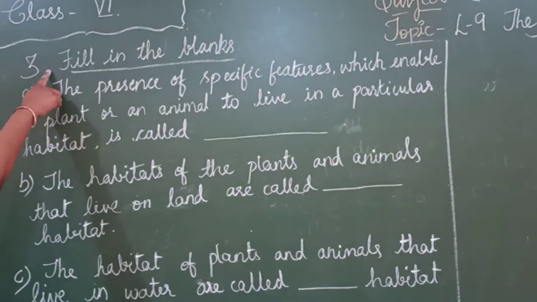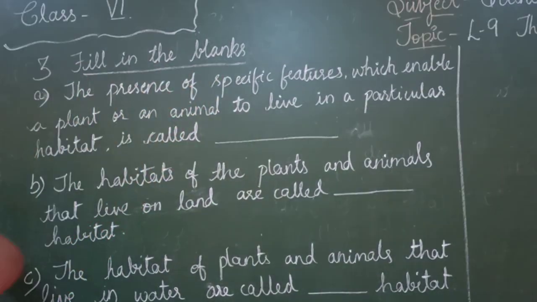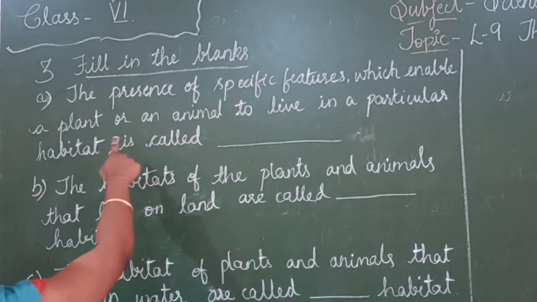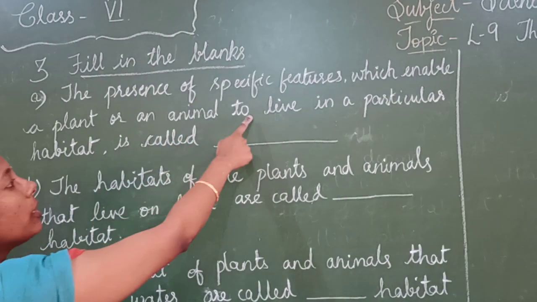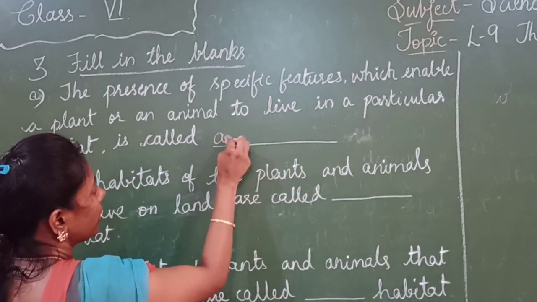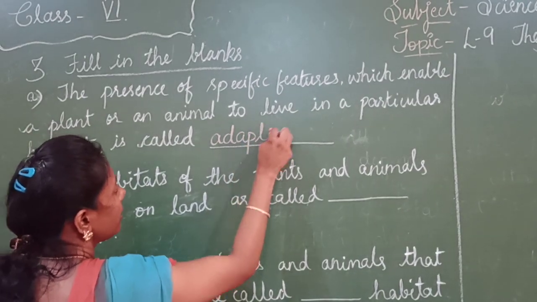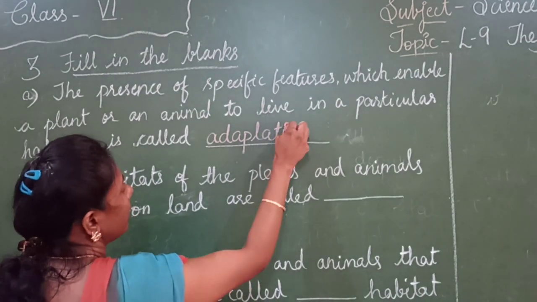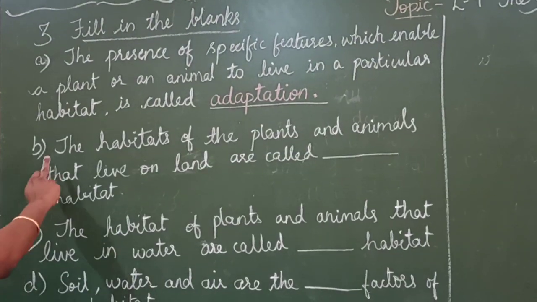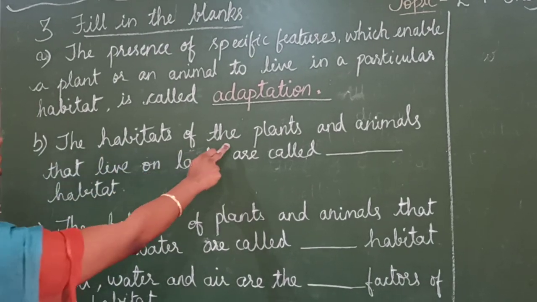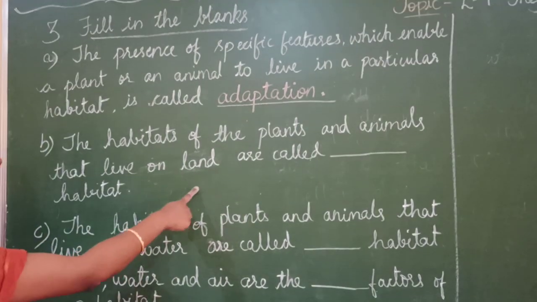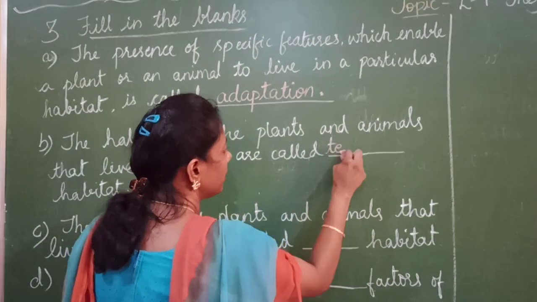Now write down the third one, fill in the blanks. A. The presence of specific features which enable a plant or an animal to live in a particular habitat is called adaptation. B. The habitats of the plants and animals that live on land are called terrestrial habitats.